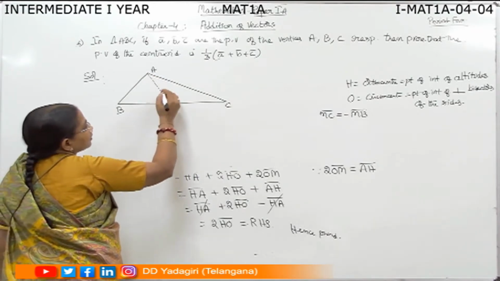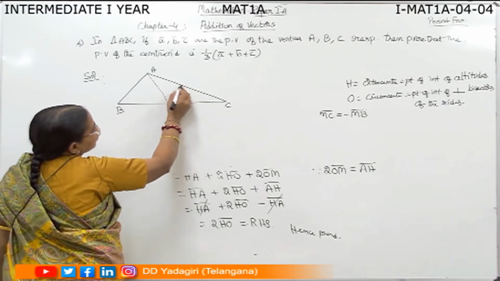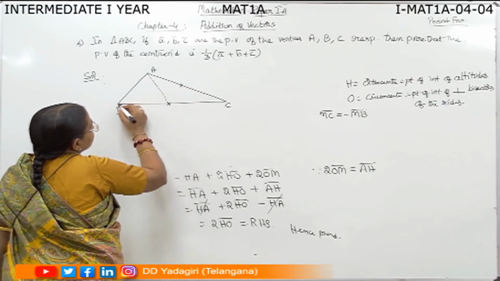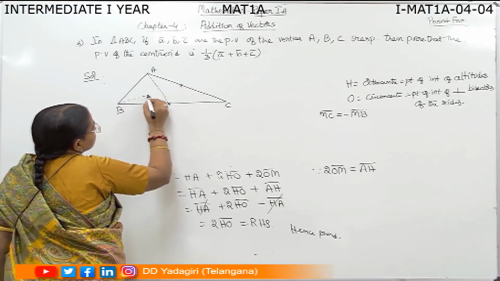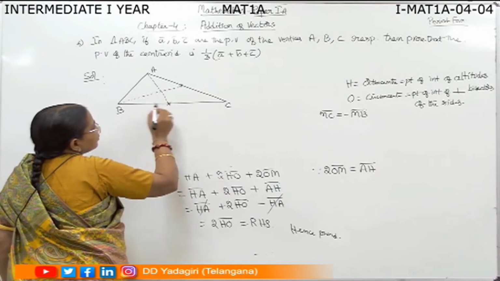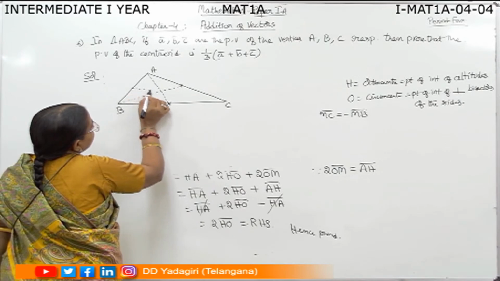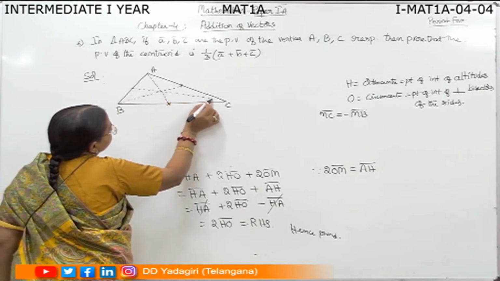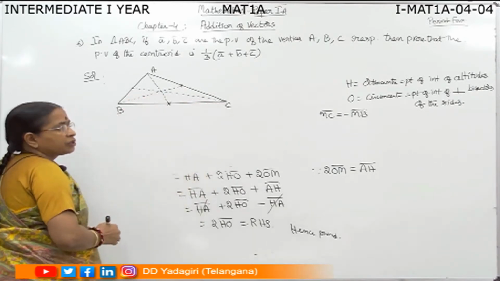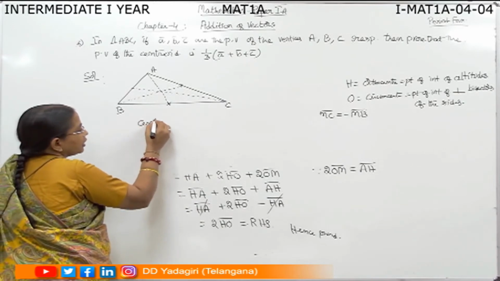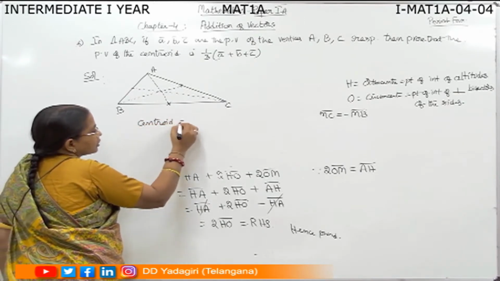So this is the median. So again, if you take the midpoint here and then join the opposite vertex, this is another median, and then again midpoint here and then join. So this is the median. Centroid is the point of intersection of medians.